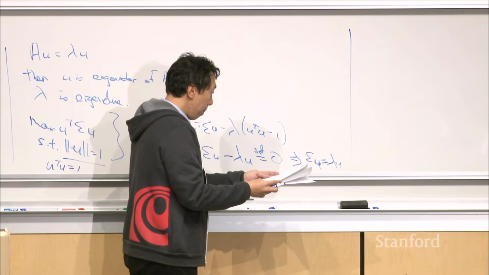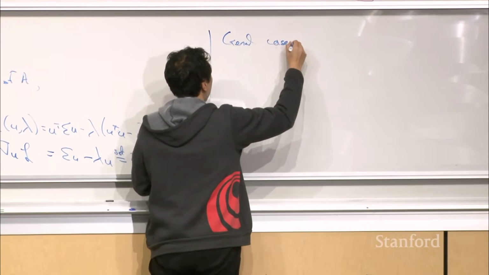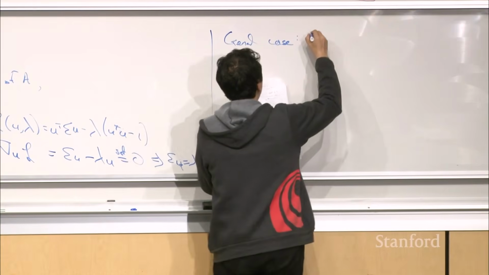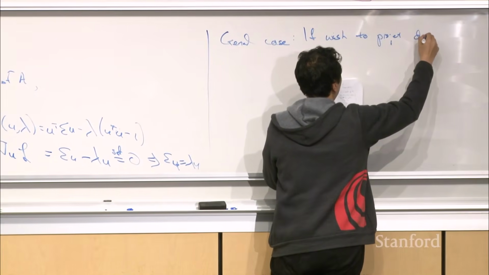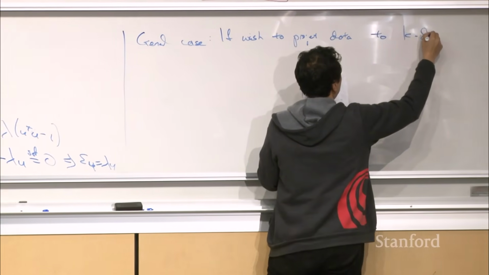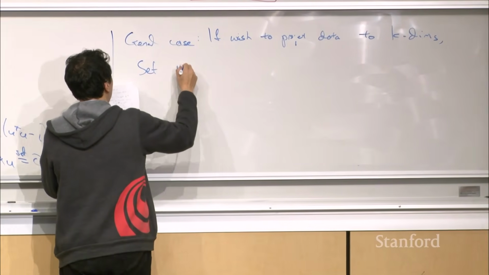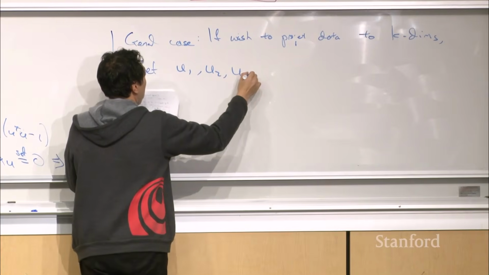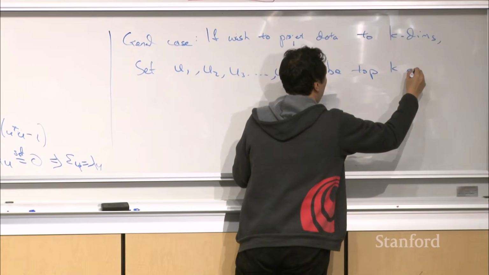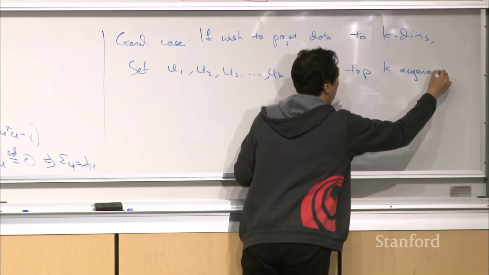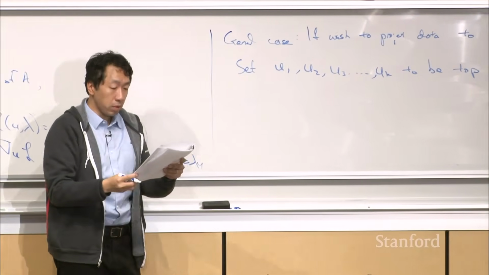All right. So in a more general case, if you wish to project the data to k dimensions, then set u1, u2, u3 up to uk to be the top k eigenvectors of the covariance matrix sigma.